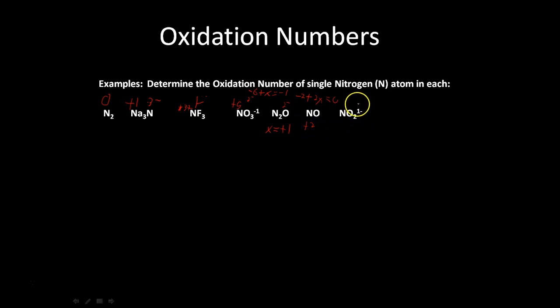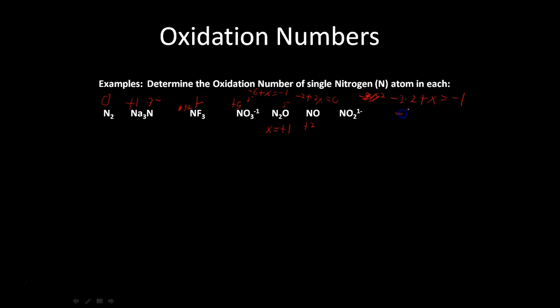And in this one, we can set up another algebra problem. Let me write it as -2 times 2 plus x is equal to -1.